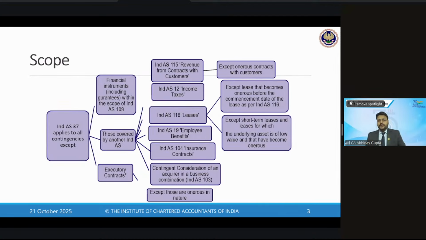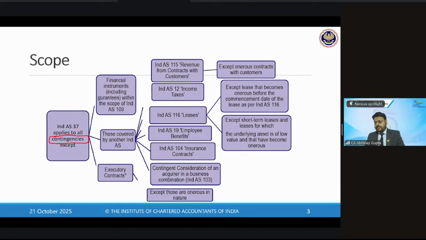Now, what is the scope? So the scope of the standard is Ind AS 37 applies to all contingencies, right? So whenever there are any contingencies in relation to any item, Ind AS 37 comes into play and guides us how to deal with these contingencies, right?